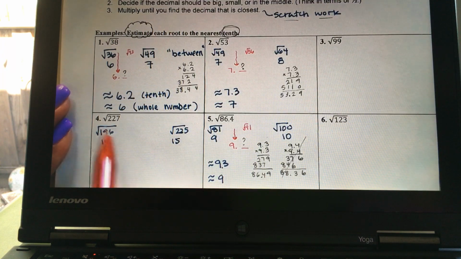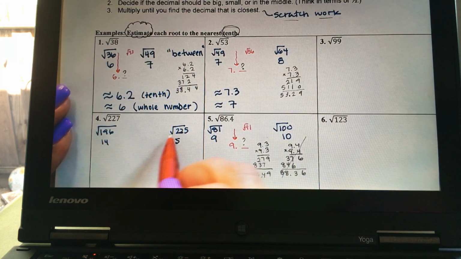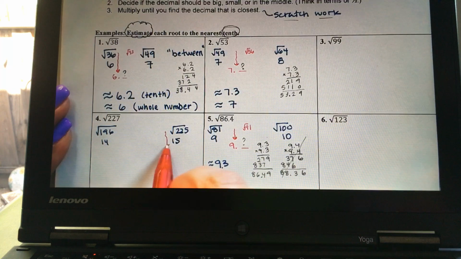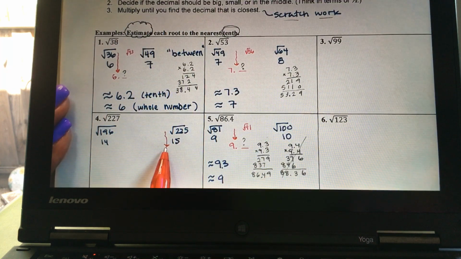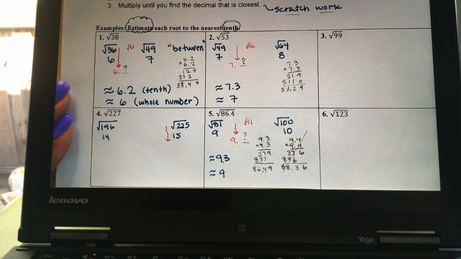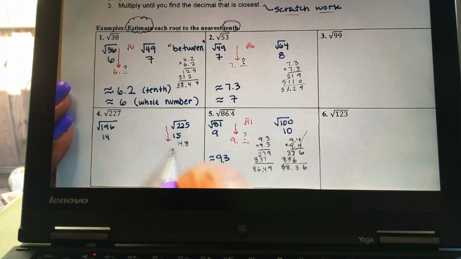So again, 227, that's really pretty close right here. So I'm going to try a little bit before 15. Oh, let's do an estimate. Let's try 14.8 maybe. Let's see what we get when we do that.